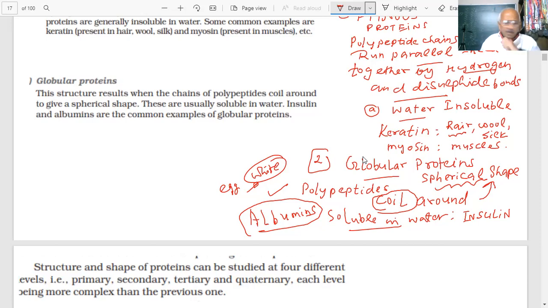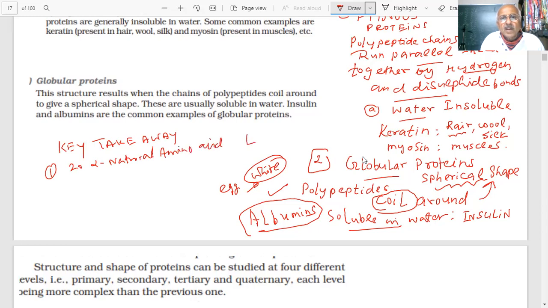Therefore, students, I hope in today's lecture we have been able to tell you the key takeaway. The key takeaway for these notes is very clear, student. We told you about 20 alpha natural amino acids, and they were in L configuration.